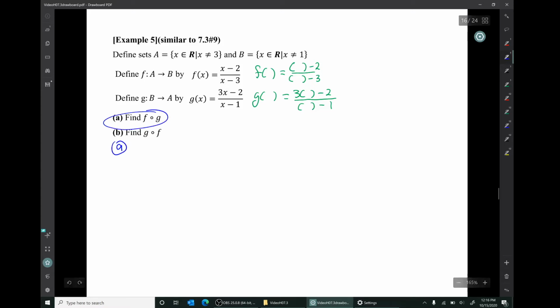First we have to describe the domain and codomain. The domain is the domain of g, and the codomain is the codomain of f. Now we have to give the formula.